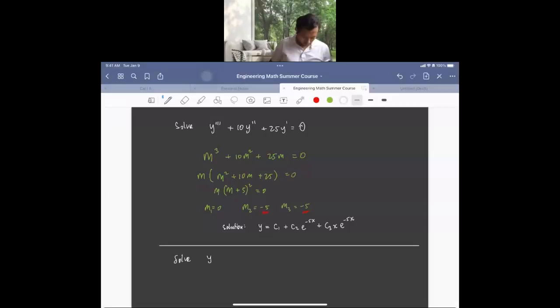Maybe just giving you the question down here. Solve y double prime minus 2y prime minus y equal to 0.